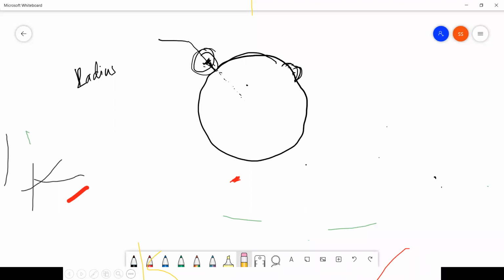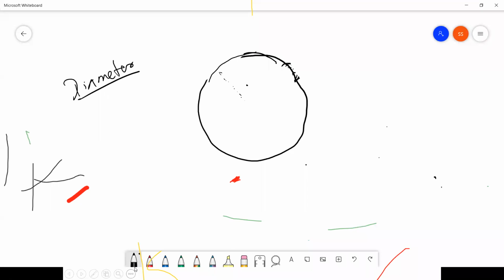Okay, then for the diameter, this is your center, so you know the diameter always goes through the center. You can mark it like this and it should go out.